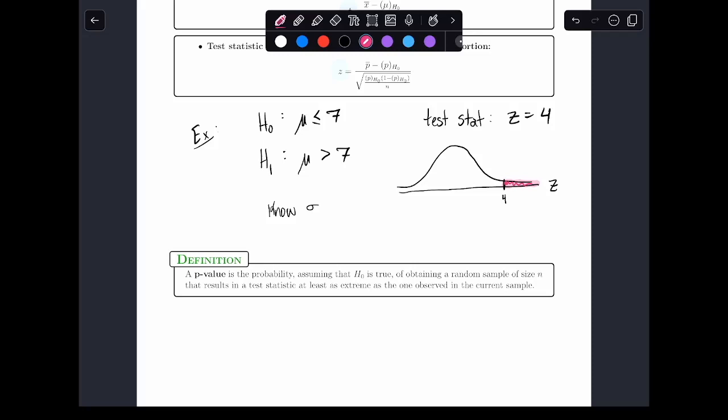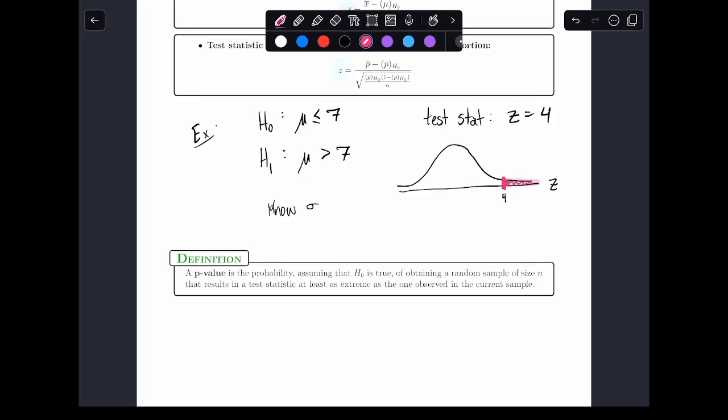So let's say that I'm assuming that my population mean is 7, and I take my sample and I end up getting a test statistic of 4. So a z-value of 4. The p-value would be the probability of having a sample of that size and getting something that far away from 7, assuming the mean actually is 7.